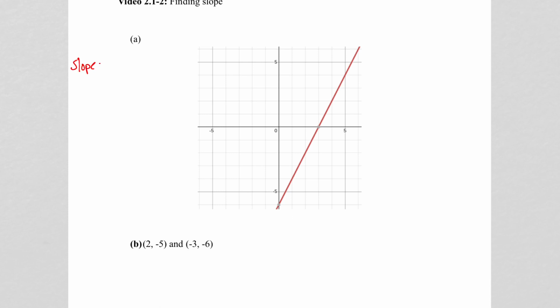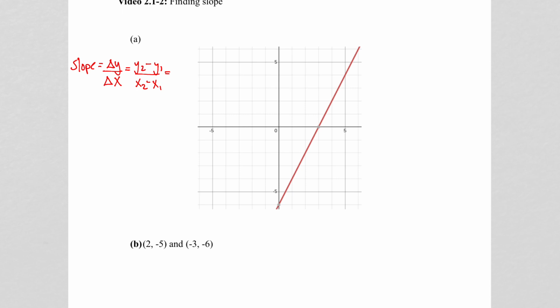So the slope is the change in the y coordinates as a ratio to the change in the x coordinates. We'll often see this as the difference between your y coordinates. That's mathematically how you find the change.